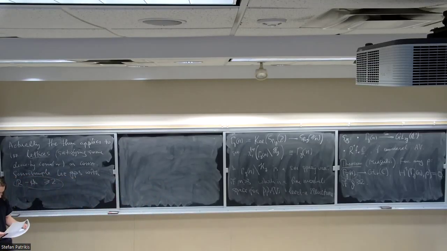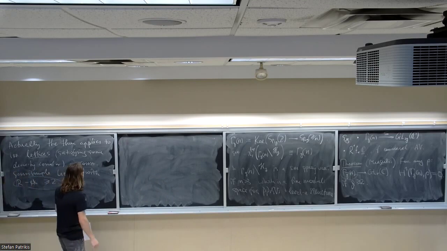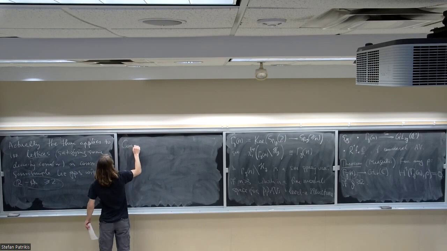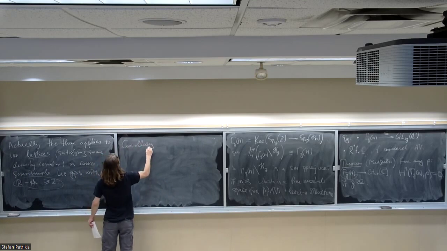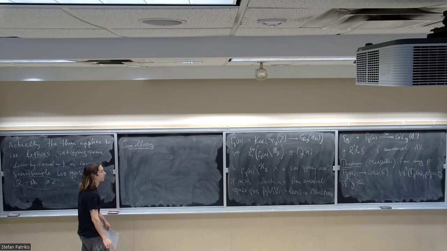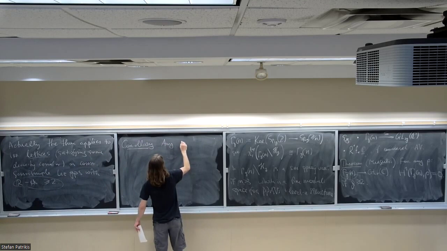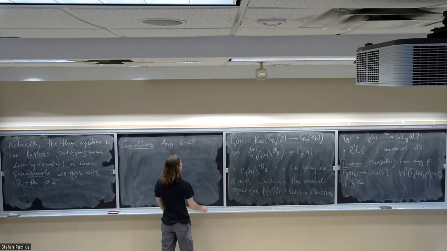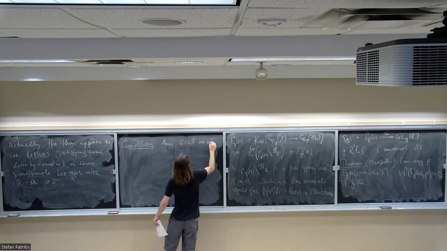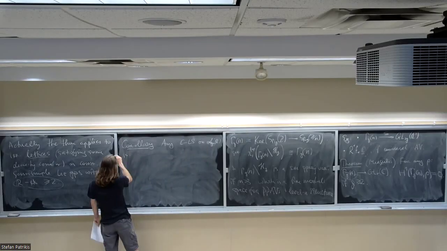So let me just state some corollary of this. Any C local system on A_g^n is not just rigid but cohomologically rigid.